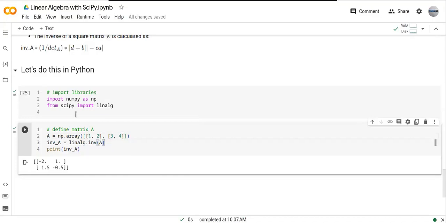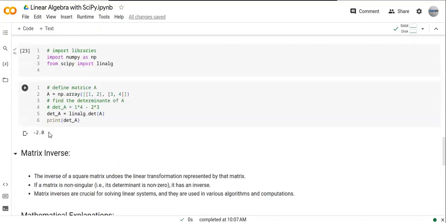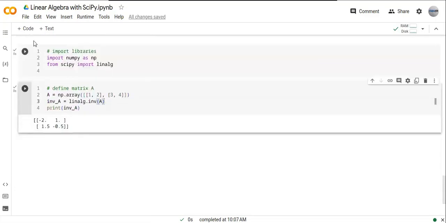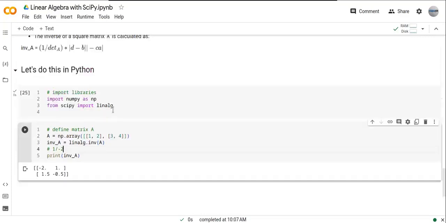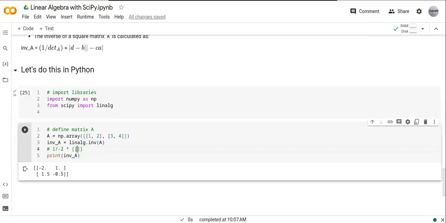First of all, we have to find the determinant of matrix A, as we have calculated above. The determinant of matrix A is -2, and we just take 1 over -2, based on the mathematical formula, multiplied by the matrix where d is the last element in the second row of matrix A, that is 4.